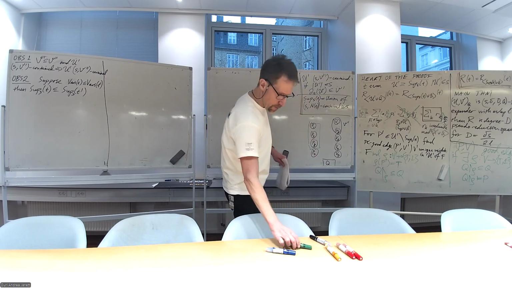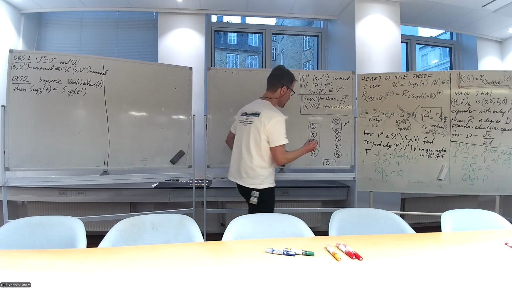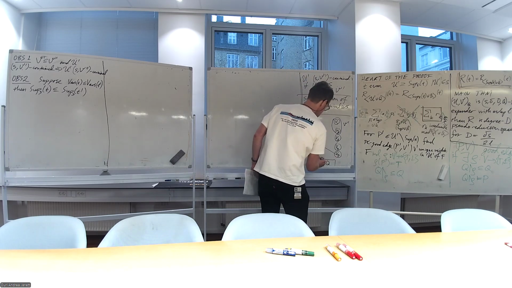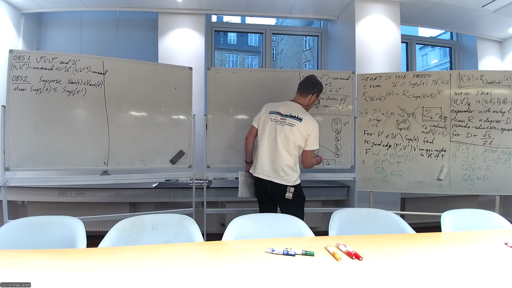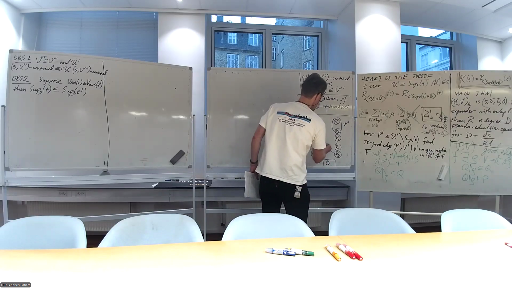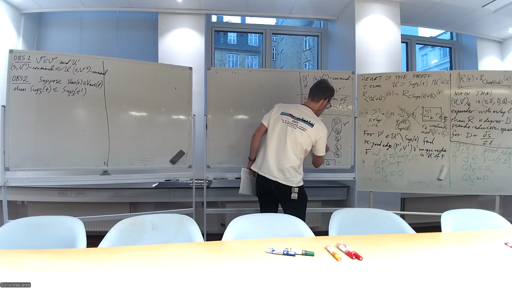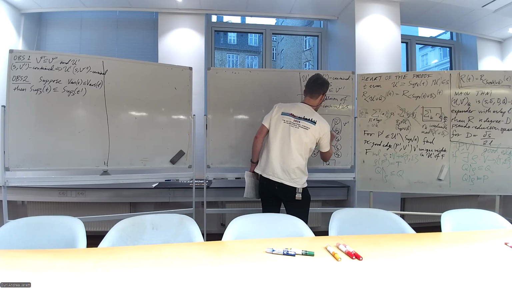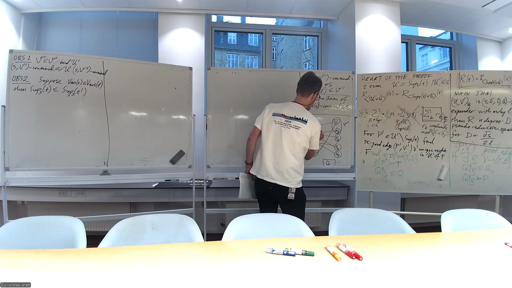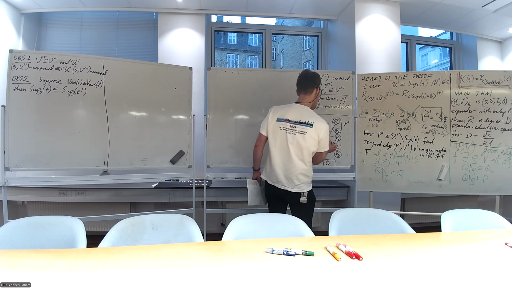Okay, so let's start drawing some edges, and let's suppose all edges are good, just for simplicity. Let this be an edge, let this be an edge. Something like this.